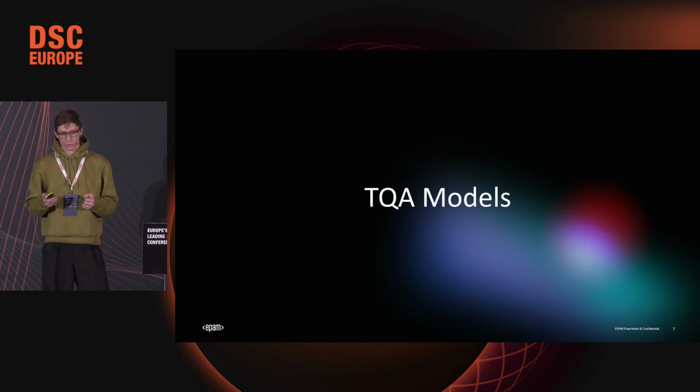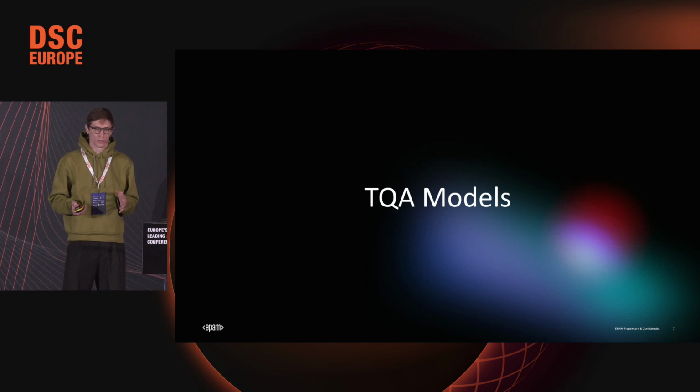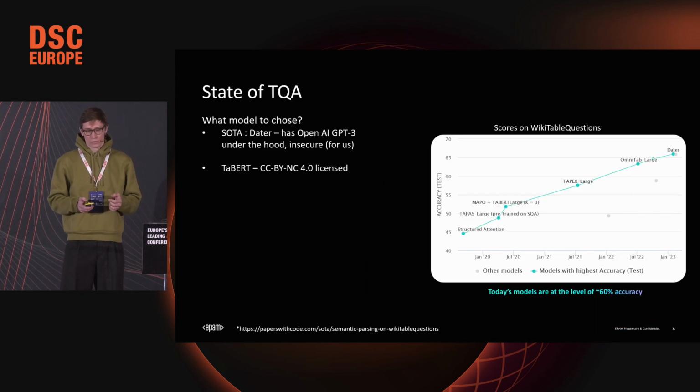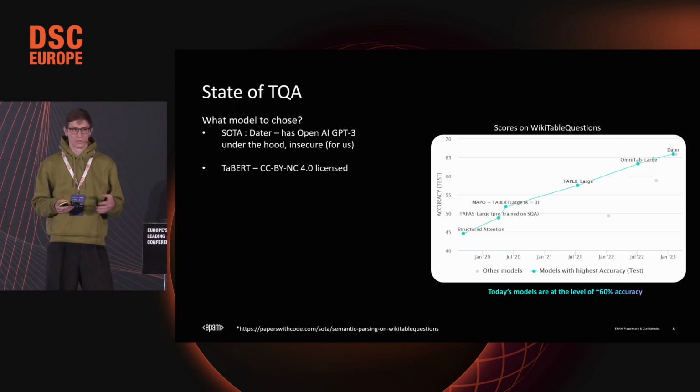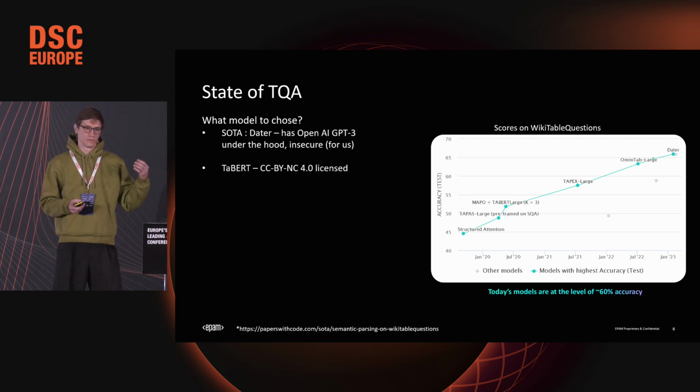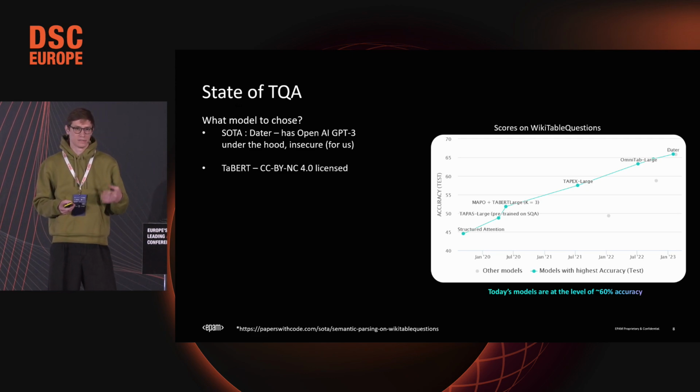So let's now move on to the models which are capable of solving that task. If you Google tabular question answering or similar things, you probably end up on Papers with Code or a similar website with a list of models, datasets and their scores.